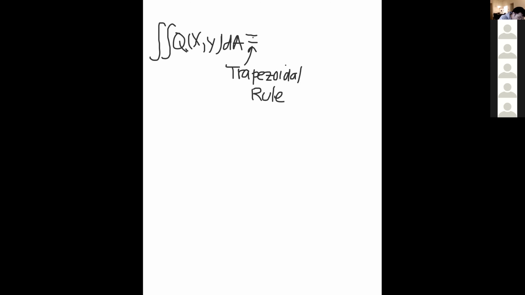So if we do that, we get q of xc, yc. We're evaluating the source term at the centroid of our cell, which is the same as our 1D case. Then we multiply it by the area of the cell. If we assume a uniform grid spacing, our area is just delta squared.